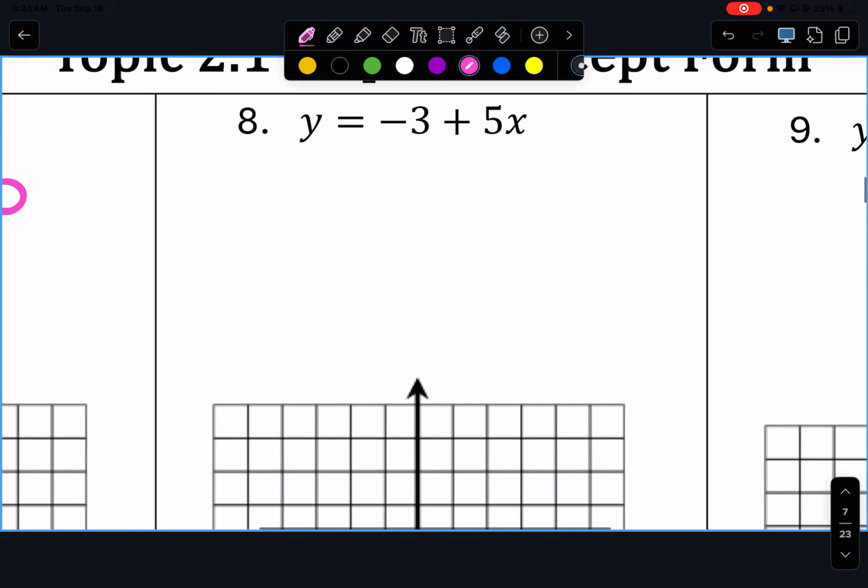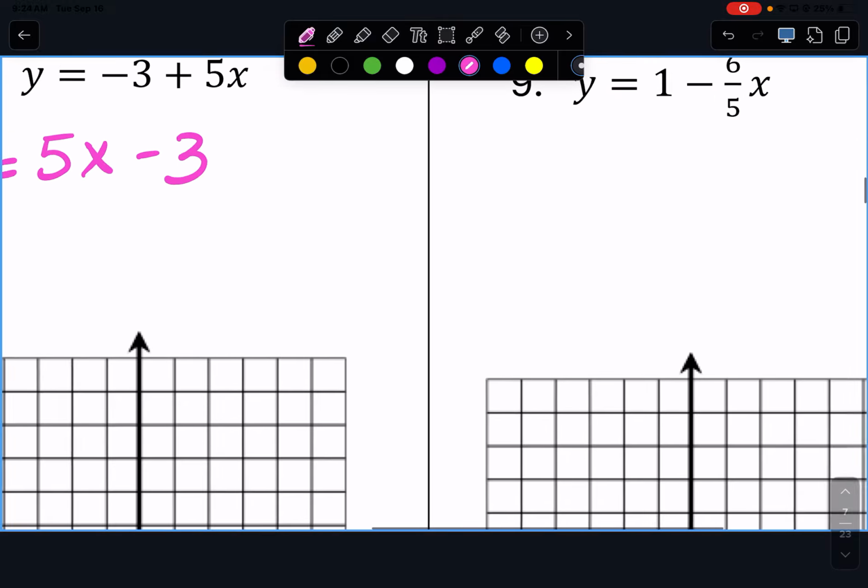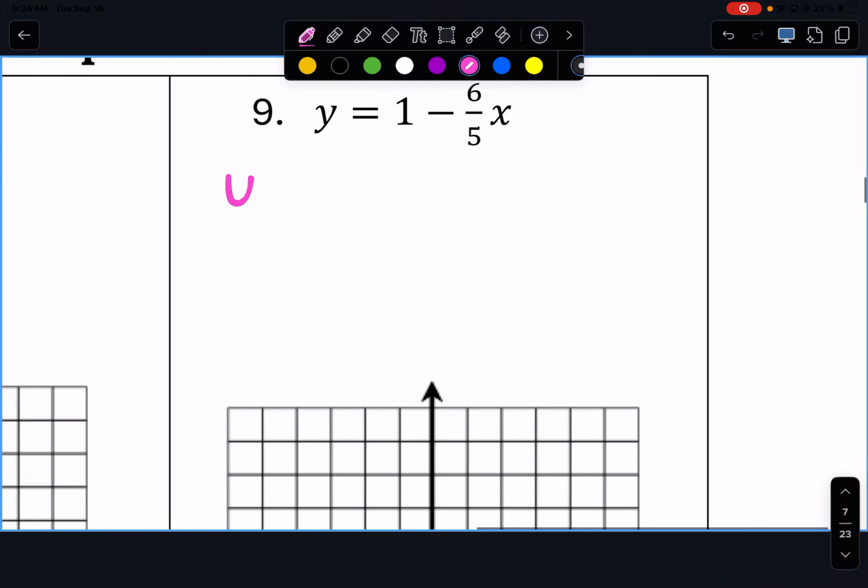Okay, for number 8, is that written in slope-intercept form? I have to flip that. So what do I need to actually write? Y equals? And then from there you can find everything else. For number 9. Do you want us to write it too? When it's written in this form, it's fine if you just say what it is.